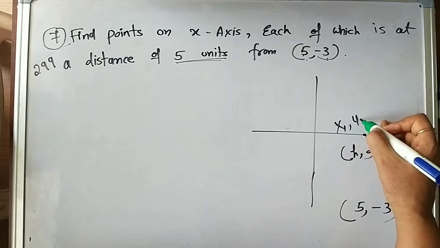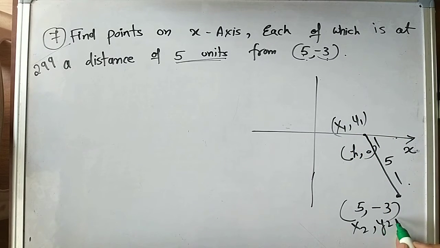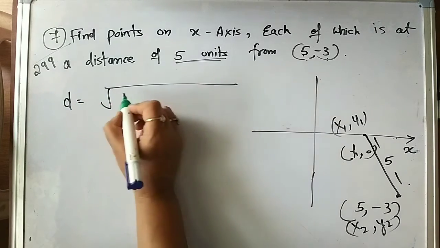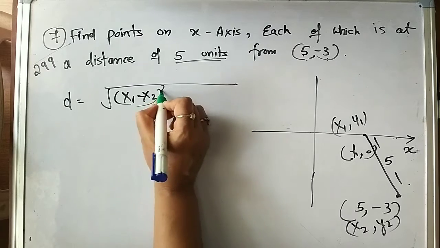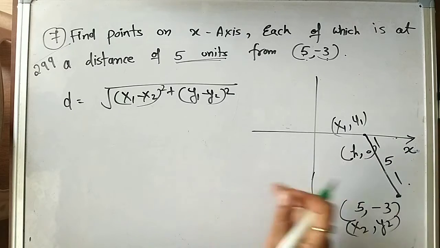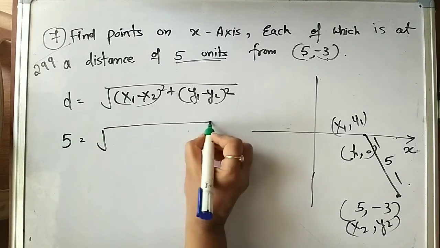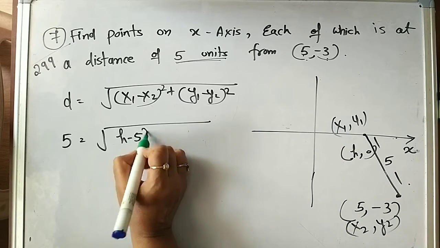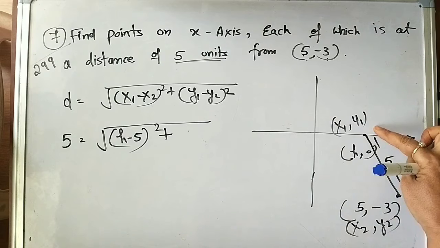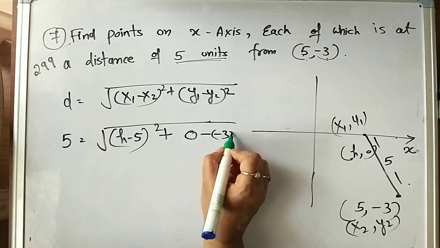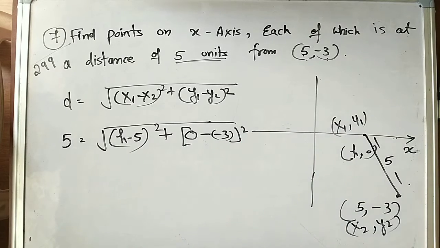Suppose this is x1 y1 and this is x2 y2. The formula says d is equal to the square root of x1 minus x2 square plus y1 minus y2 square. D is 5, under root of x1 minus x2, which is h minus 5 square, plus y1 minus y2, which is 0 minus of minus 3 square, right? So clearly this minus and minus will become plus.